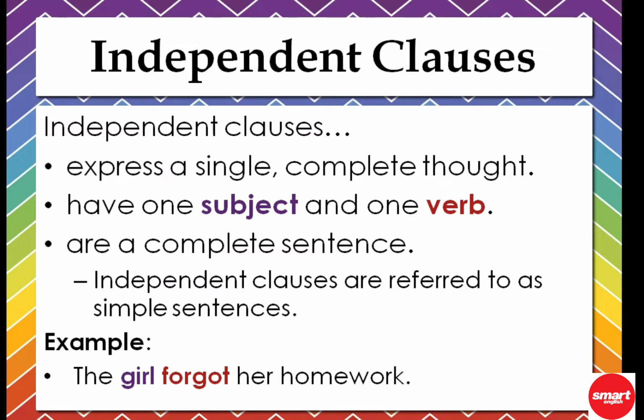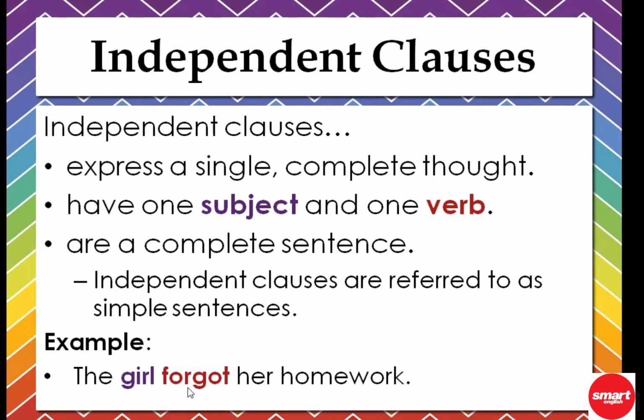Independent clauses. Independent clauses express a single, complete thought. They have one subject and one verb. They are complete sentences, so independent clauses are referred to as simple sentences. Consider this example: the girl forgot her homework. The girl is the subject. How many subjects do we have?